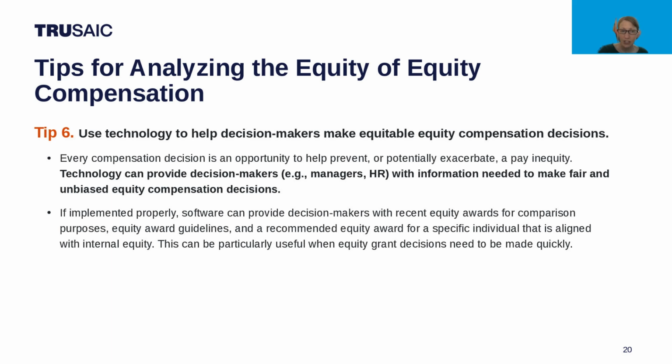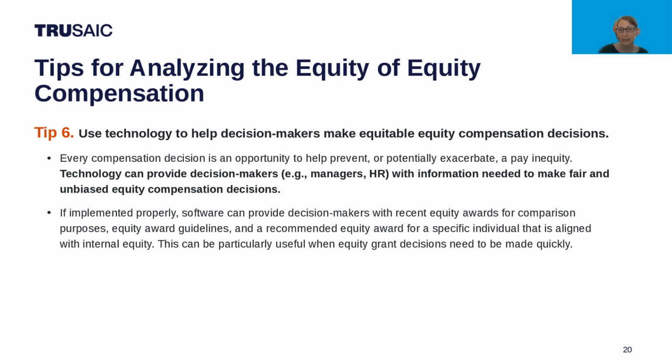Technology can help decision makers, and this could be your managers or recruiters, with the information they need to make equitable equity compensation decisions. For example, depending on the software, you can provide decision makers with recent equity awards, so they can very easily compare the equity awards they're thinking of making to recent equity awards.